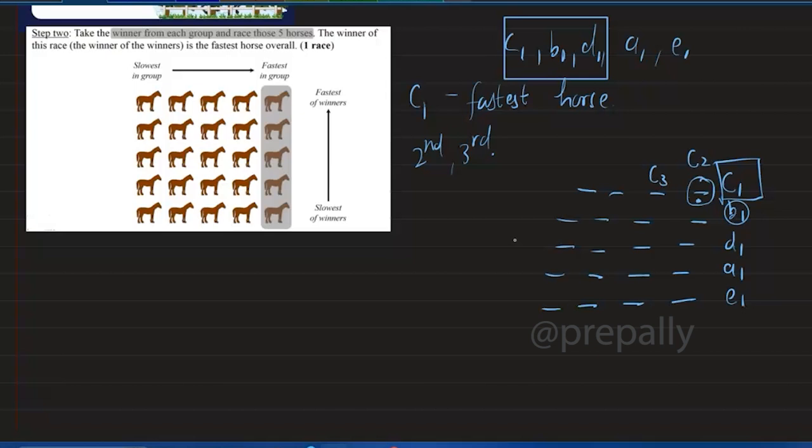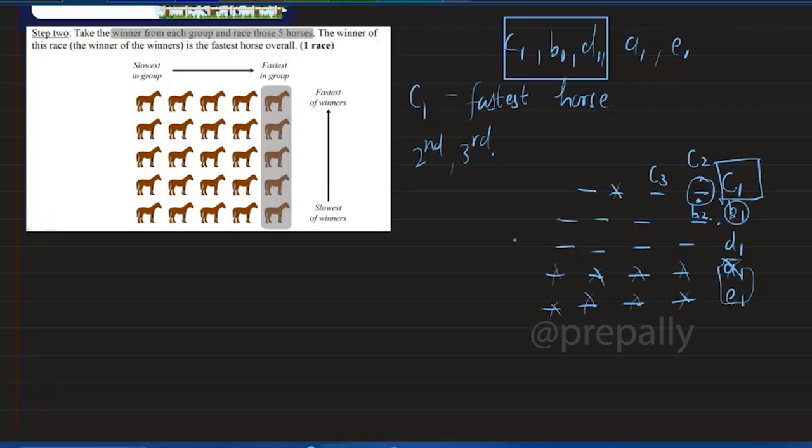Now, similarly, D2 here could be faster than D1 because this could be your top three: C1, B1, D2. And A1, E1, they're already fourth, right? So we don't need these, which means everyone here is very slow.